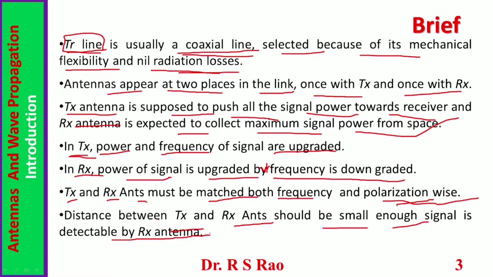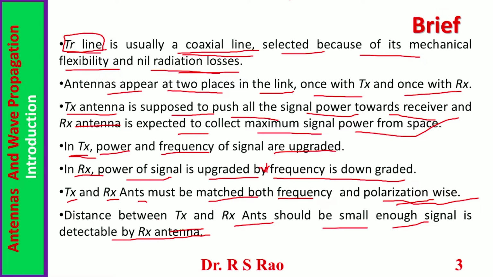If the distance between the antennas is very large, then the signal strength at the receiving antenna may not be sufficiently large to be detected by the receiving antenna. So distance should not be too large.